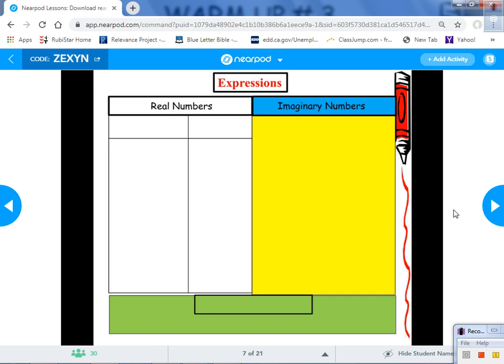Copy the table and see if you can fill it out as much as you can. See how much you recall from yesterday's introduction. I'll give you some time for that. Ready, go.